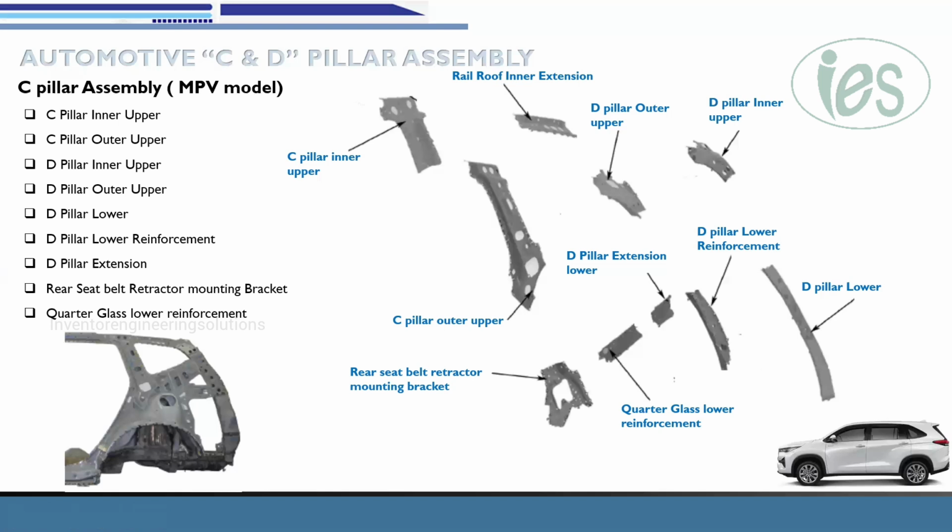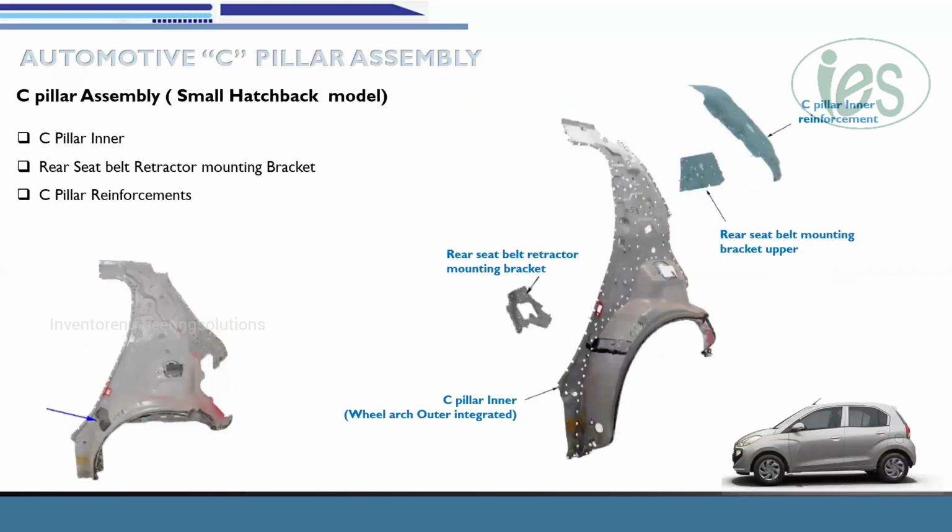So these are those brackets. And we have some small rear seat belt retractor mounting brackets. These are the major parts which come in the MPV model. So based on the rear structure, the C pillar and the D pillar structures will differ.